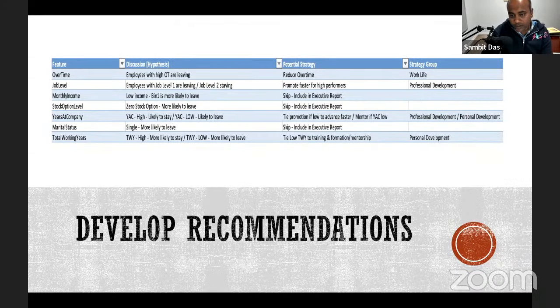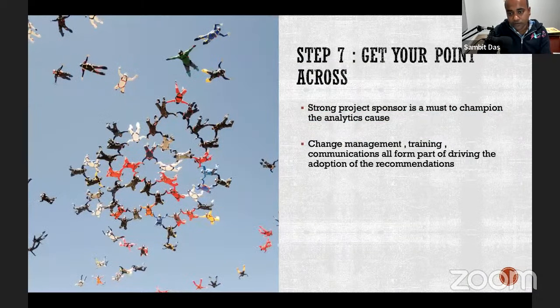Before we go into the app, I wanted to also talk about getting your point across, which is your step 7. What do we do after we have developed the model? So you want a sponsor or sponsors who can help champion this cause.